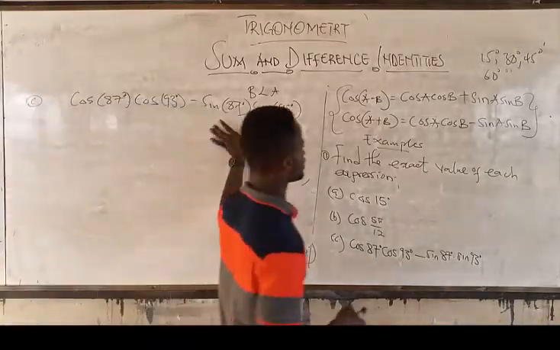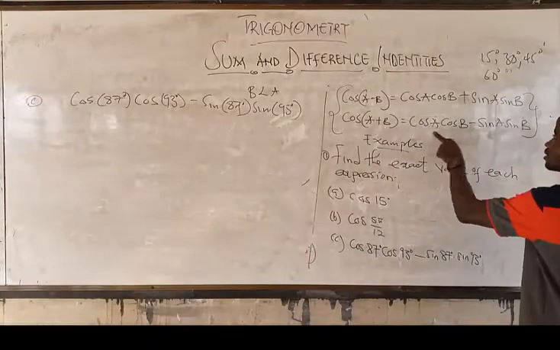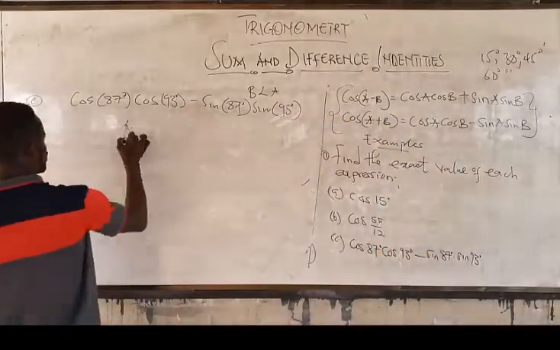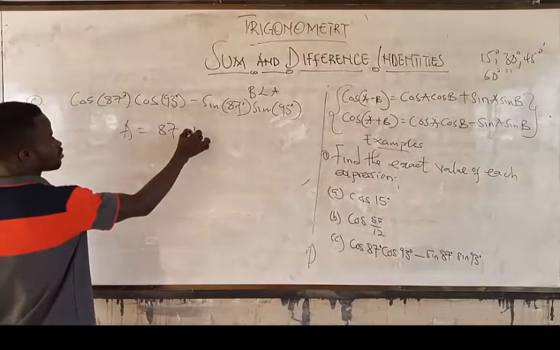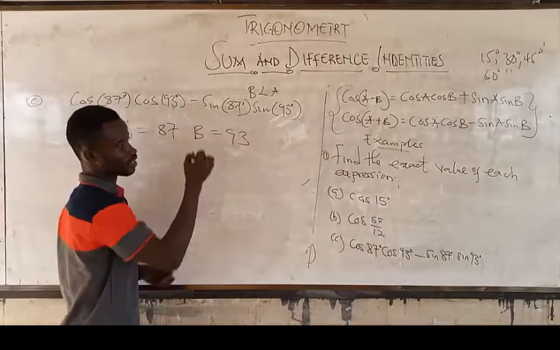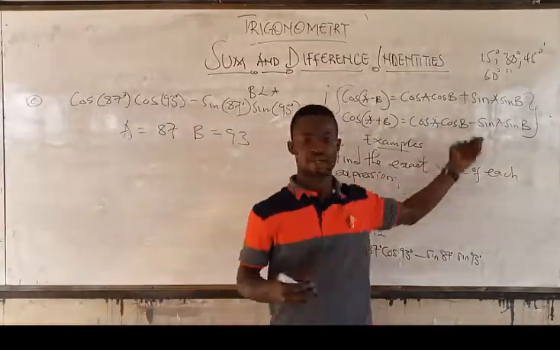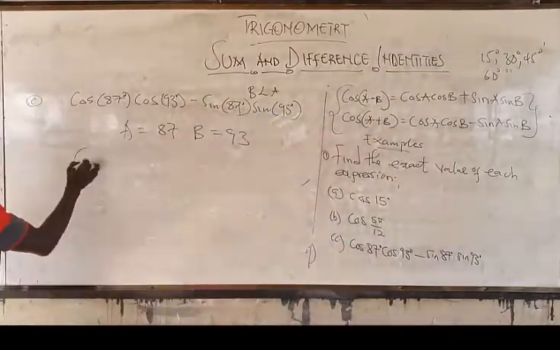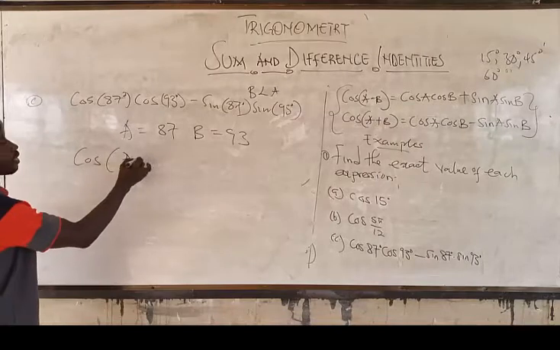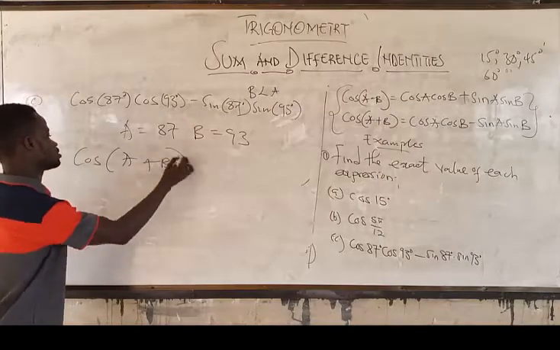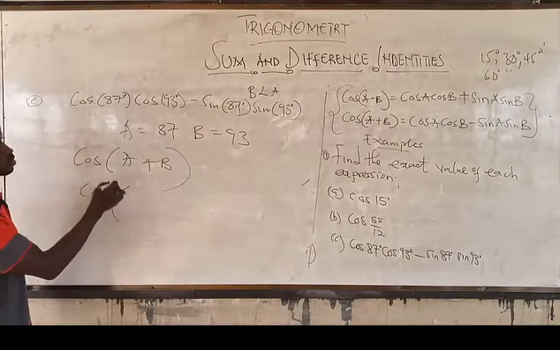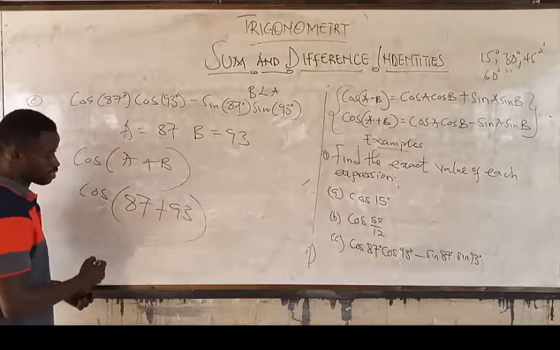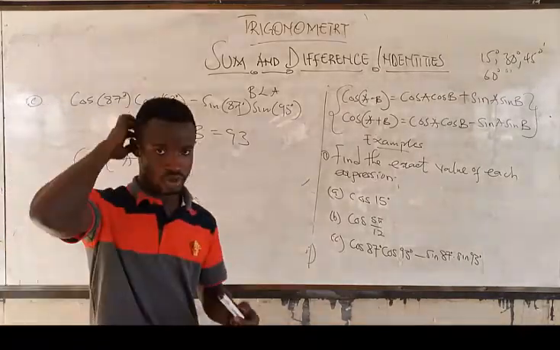This expression is linking up to the right formula. So you just go for A and B. A will be 87, B will be 93. Since this is similar to this, then we go for cos of A plus B, which is the same as cos of 87 plus 93.